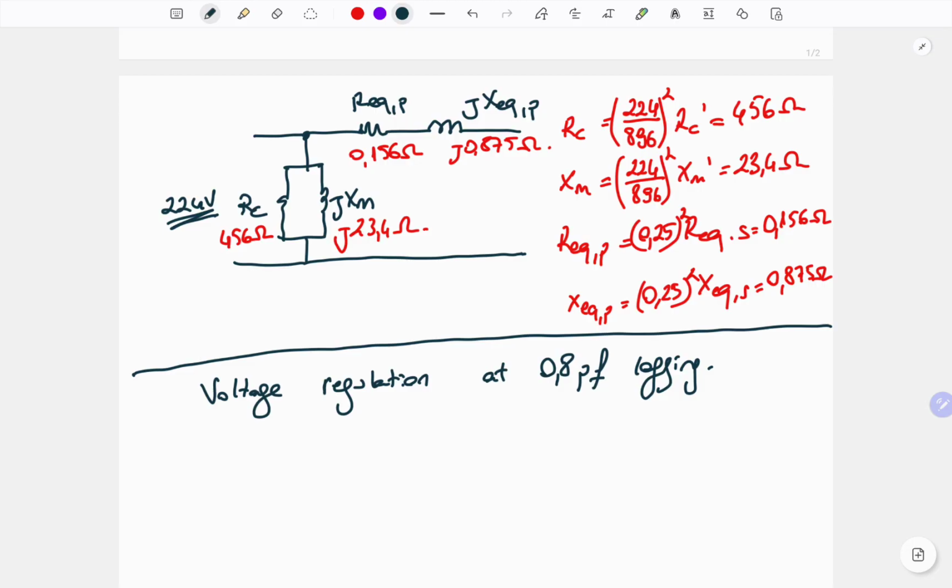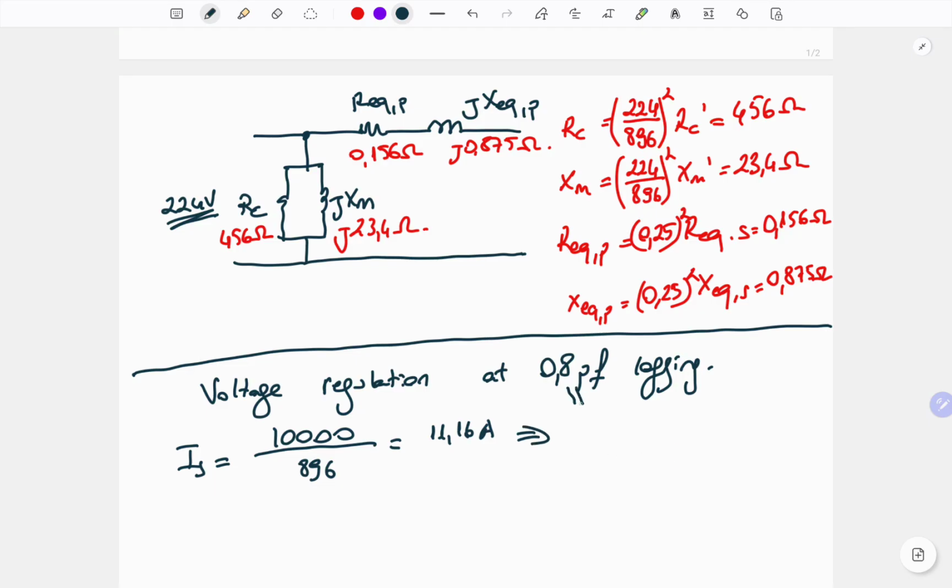And for this equation, we need to calculate, first of all, the secondary side rated current. For the secondary side rated current, we must use our power value, which is 10 kVA, over 896 volts, which is the rated voltage, and the magnitude of the current will be 11.16 amperes.